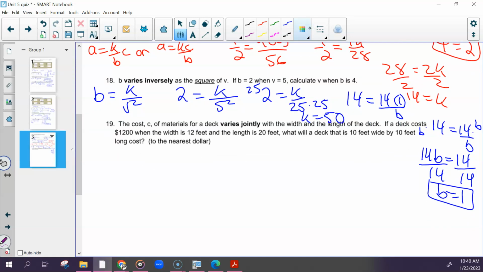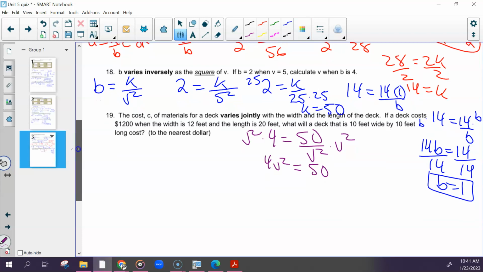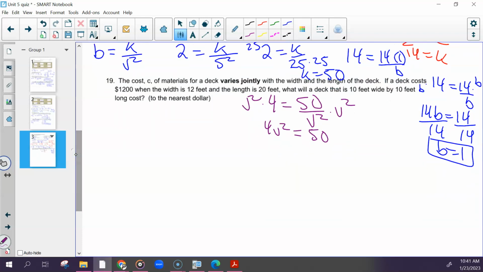I'm going to do that here because I don't have space. Right? So then we have B is 4, K is 50, we don't know B. To get it out of the denominator, multiply both sides by B squared. Divide both sides by 4.